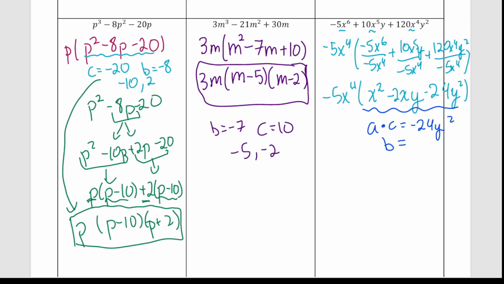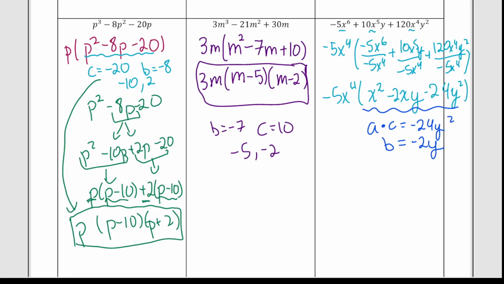And then b is going to be your negative 2y in terms of what's attached to the x. That's why I would consider b there. So what you're wanting to do is multiply to a times c, so negative 24y squared, and add to b, negative 2y. And I would really focus on the coefficient part of that. So multiply negative 24, add to negative 2.